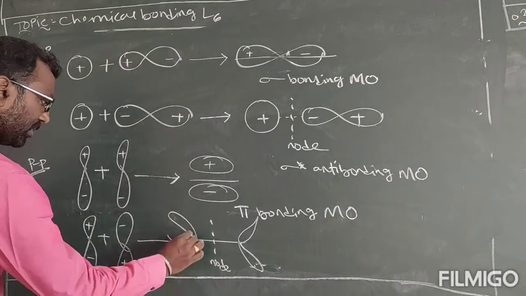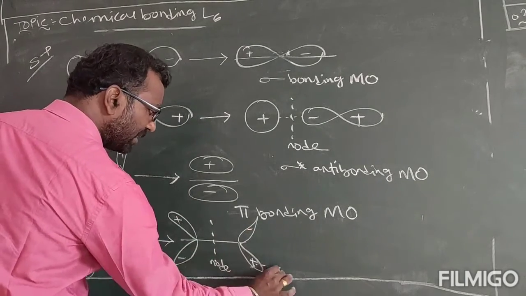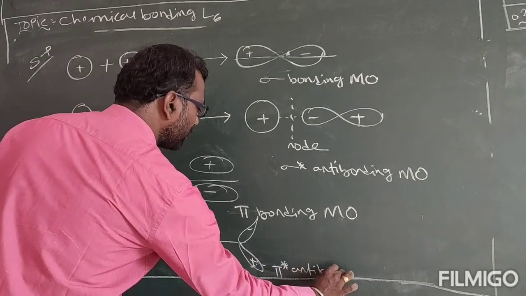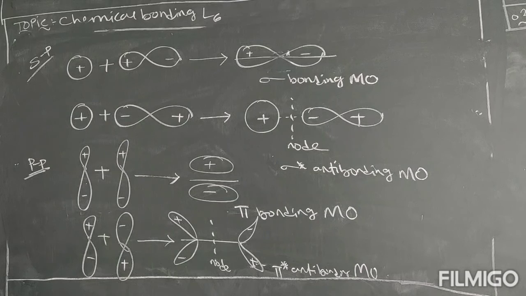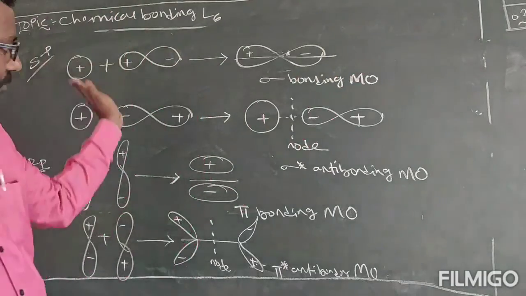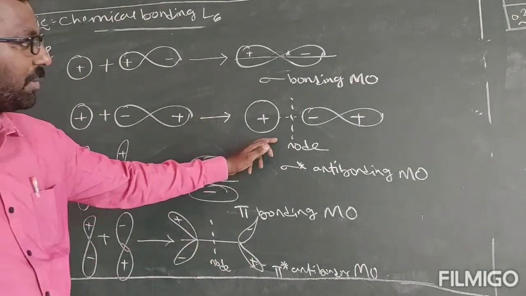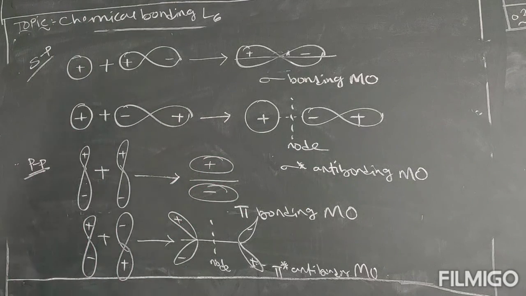So plus minus, here it will be minus plus. This is nothing but pi star anti-bonding. The same concepts: sigma through the internuclear axis, sideways pi. If node formation is there, it is anti-bonding, that you should be careful about.